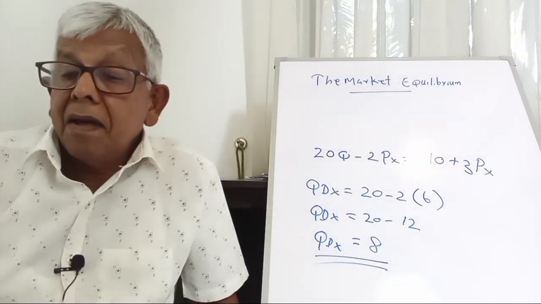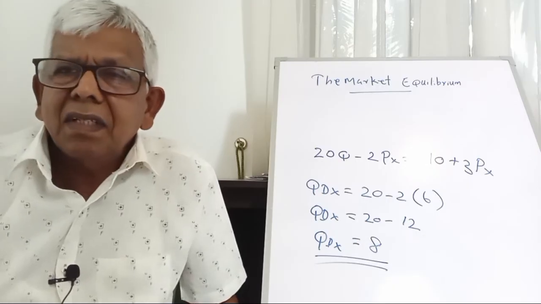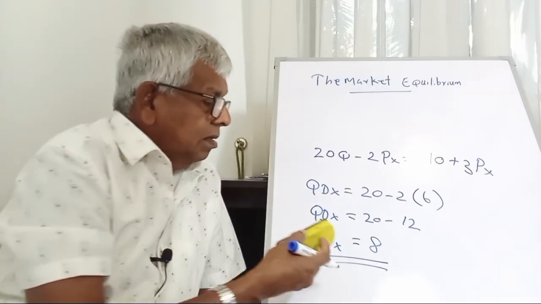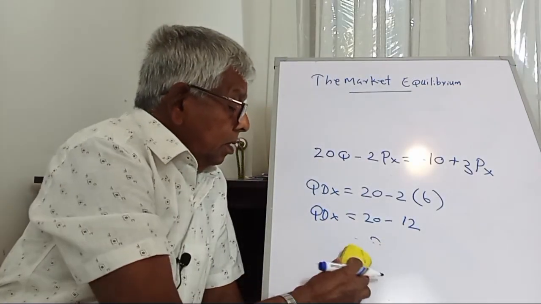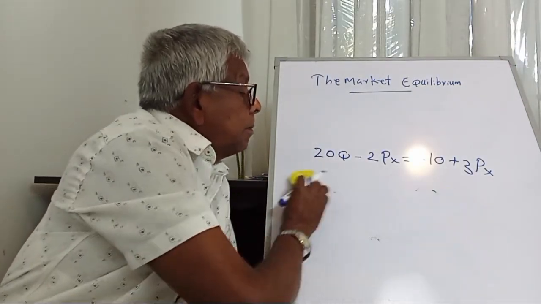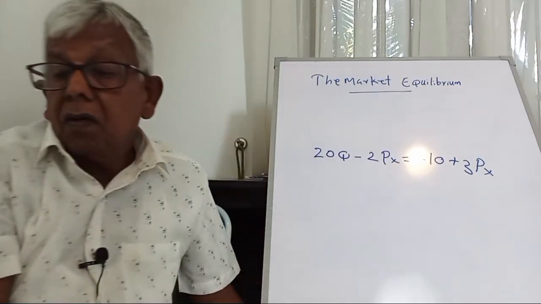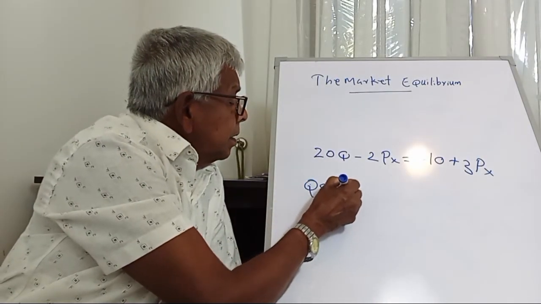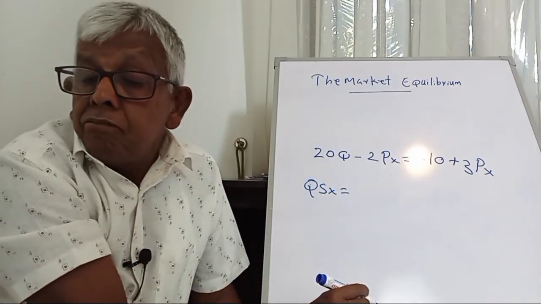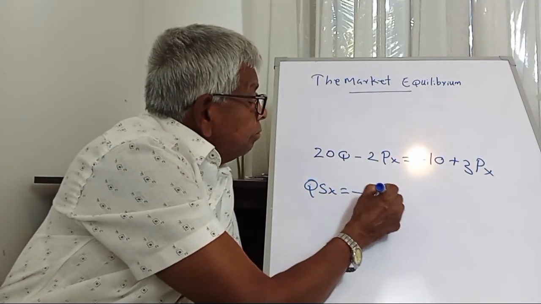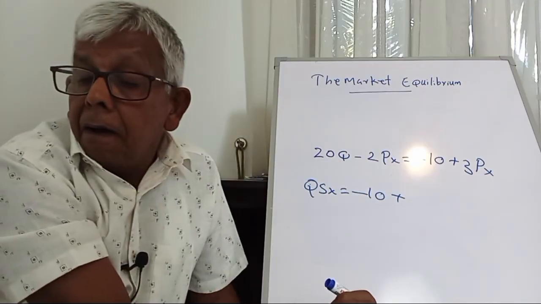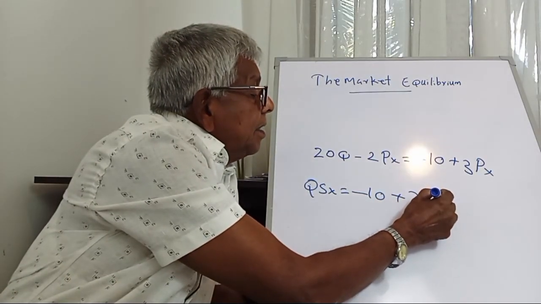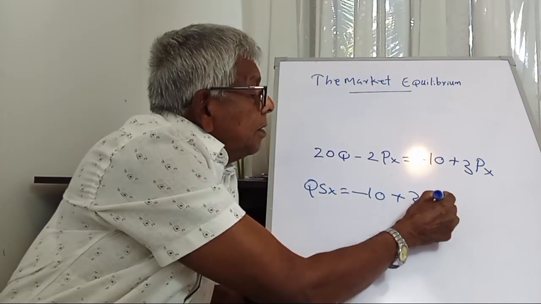Okay, from the supply equation, we get Qsx equals minus 10 plus 3 times 6 rupees.